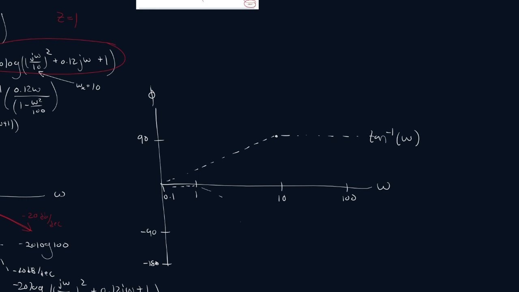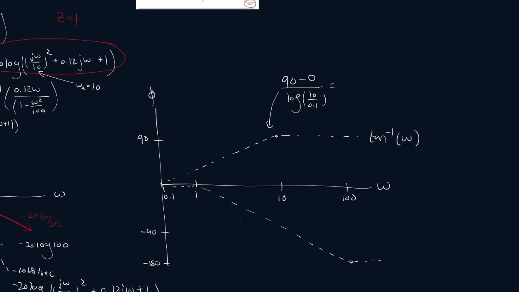Wait, hold on. There we go. Now, let's find the slope of these two. So the slope of this, it'll be y2, which is 90, minus y1, all over log of x2, which is 10 over 0.1. Yep.